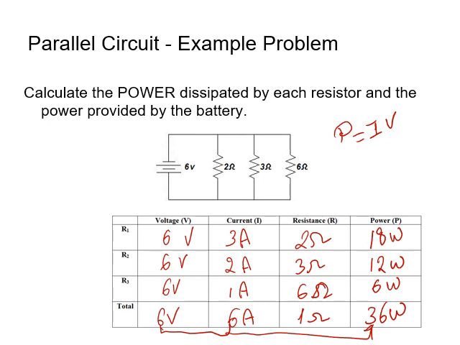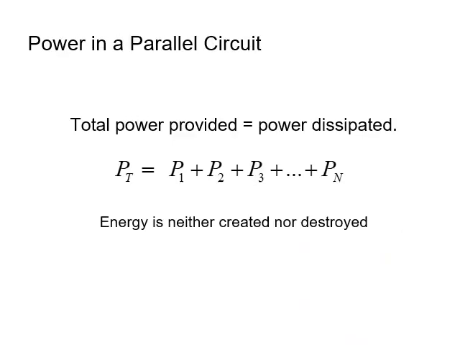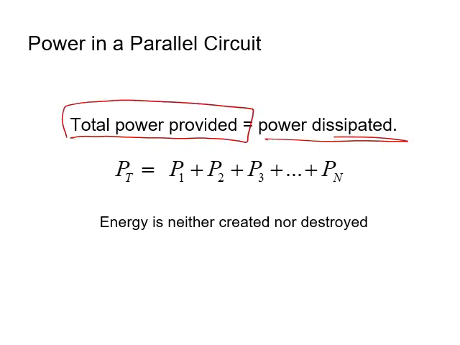So this is a way to double check your answer: the sum of these should be equal to the product of these two. If they do not match up, then there's something wrong in your calculation. Yep, so this is what we've said. The total power provided by the battery is equal to the power dissipated. Energy is neither created nor destroyed.